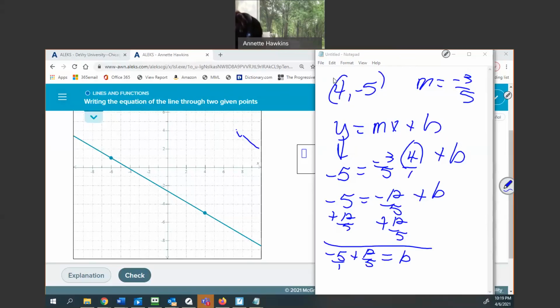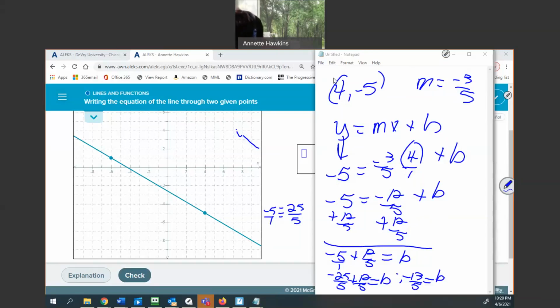Now, if I put a 1 here, I need to change -5/1 to fifths. Let me show that here. If I change this to fifths, 1 to go into 5, 5 times 5 is 25. So that's -25/5 plus 12/5 equals b. -13/5 equals b.